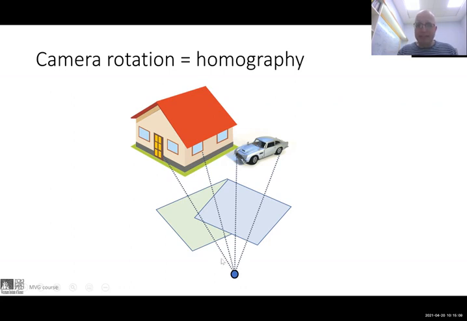Lambda 1 is a position with respect to this plane, and lambda 2 is a position with respect to the other plane, but we can't really know the actual position. We only know the ratio, how they changed between these two. This doesn't give us depth information.